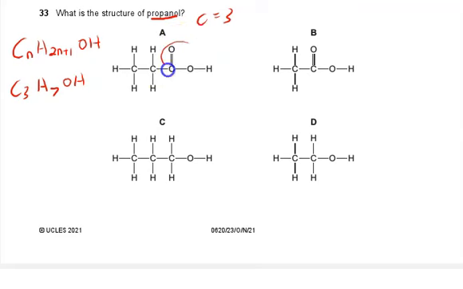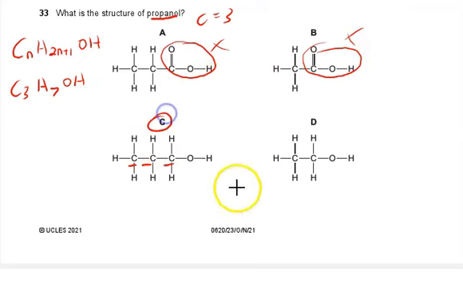This one is acid, this is sulfuric acid, so which is wrong. And you must have 3 C's: 1, 2, 3. So C is your answer. This one is ethanol. Now let us move to question number 34.